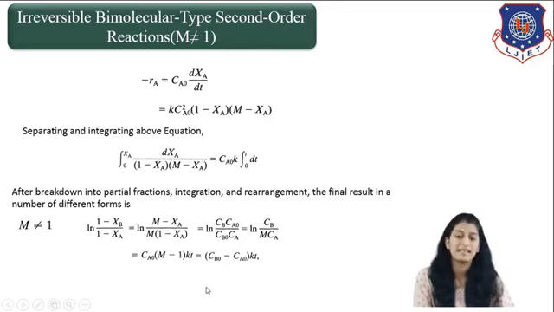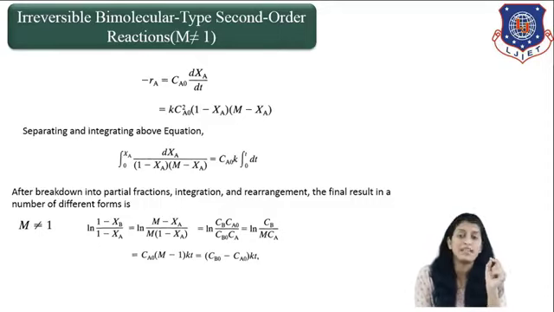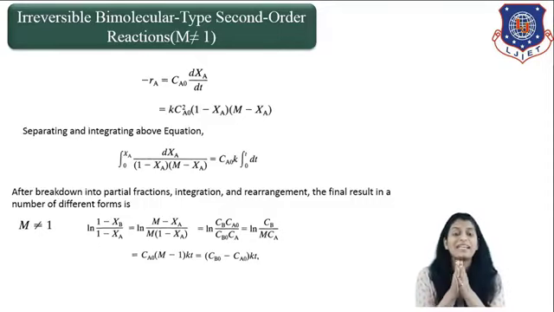So this is the final expression used to represent the irreversible bimolecular type second order reaction for M not equal to 1. It means the case when the initial molar concentrations of both the reactants are different, right?